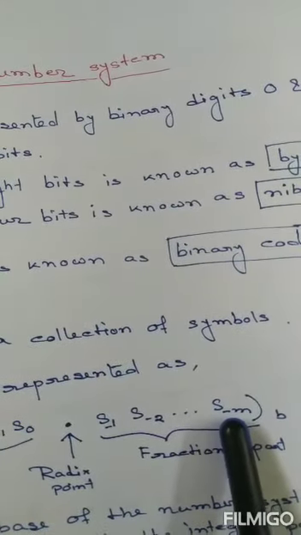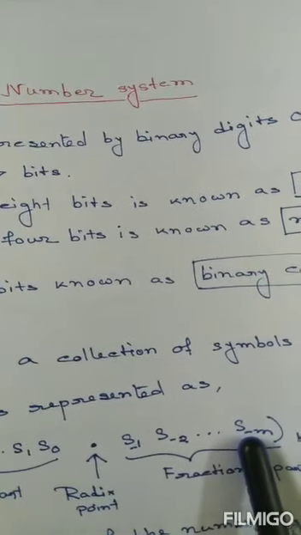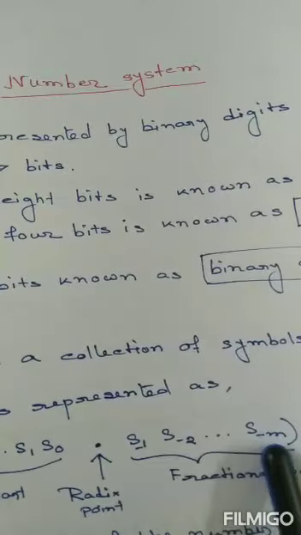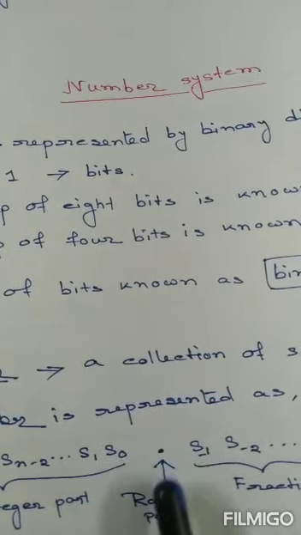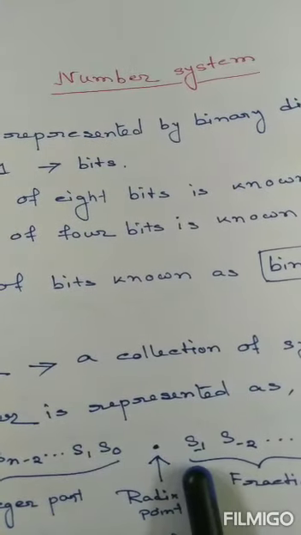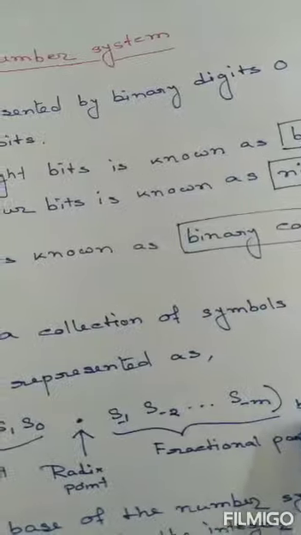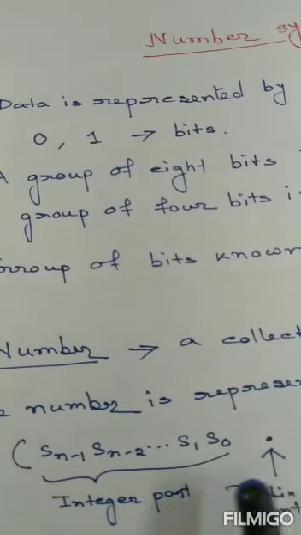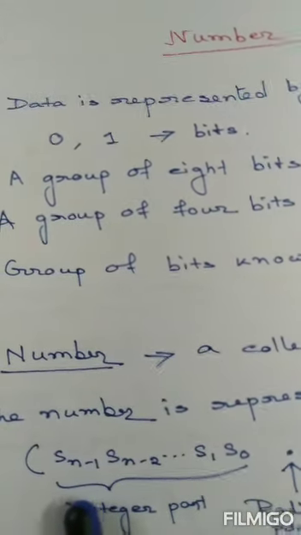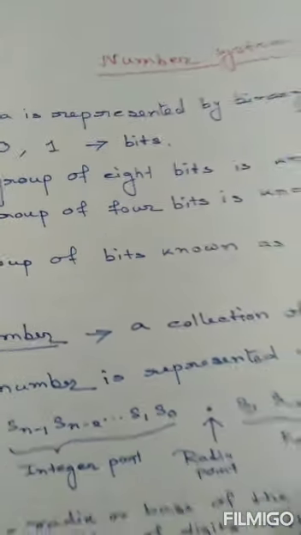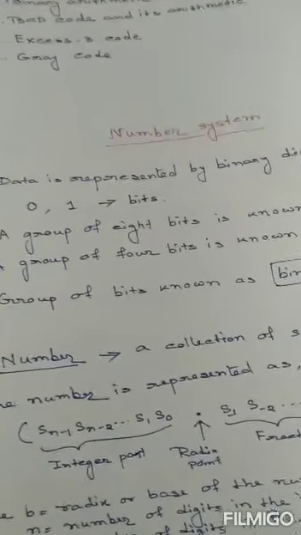And this one, S minus M, is called the least significant digit, that is LSD. After the radix point, start from this portion and go in this way. Before the radix point, start from this portion and go in this way. So, this is the representation of a number.